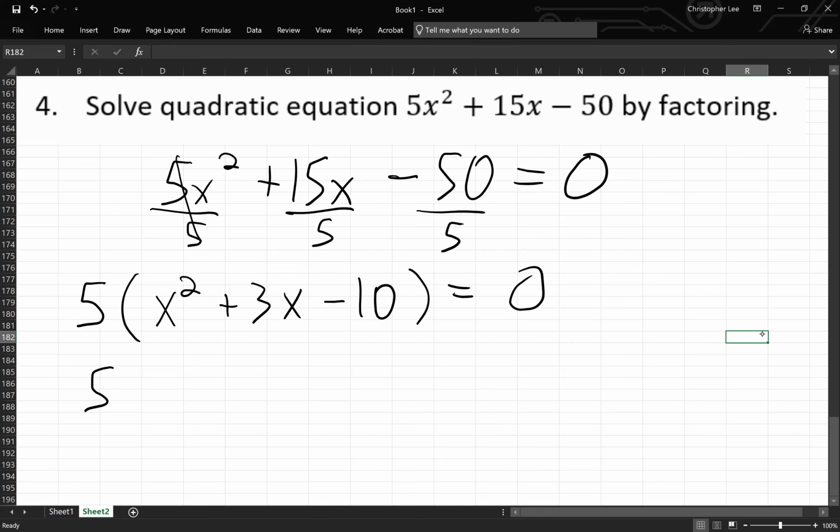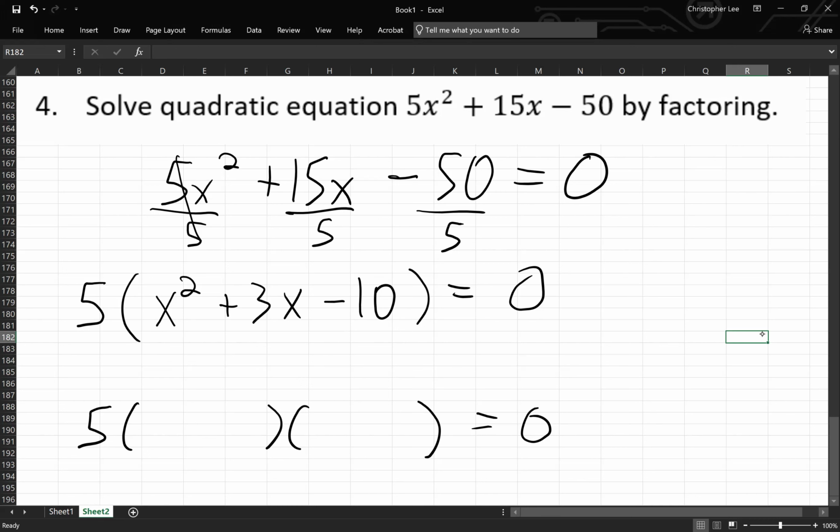So now I want to factor this, right? Give it a little bit of space. So now I want two numbers that when I multiply them together will give me a -10, but when I add them together will give me a +3.